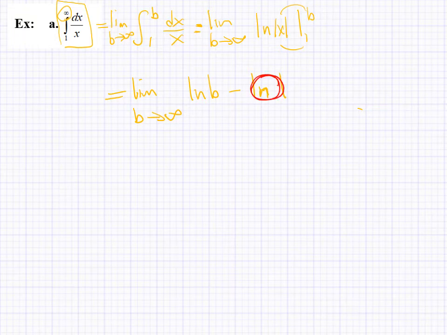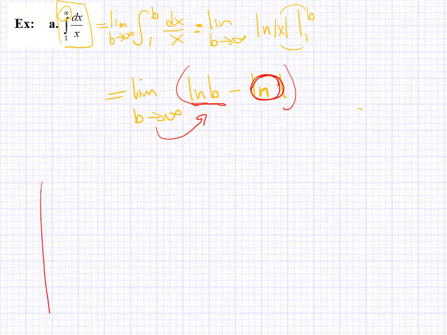So here's now time to evaluate this function as b goes to infinity. This is the only thing that has a b in it. So you have to think of what's the limit as b goes to infinity of log of b.